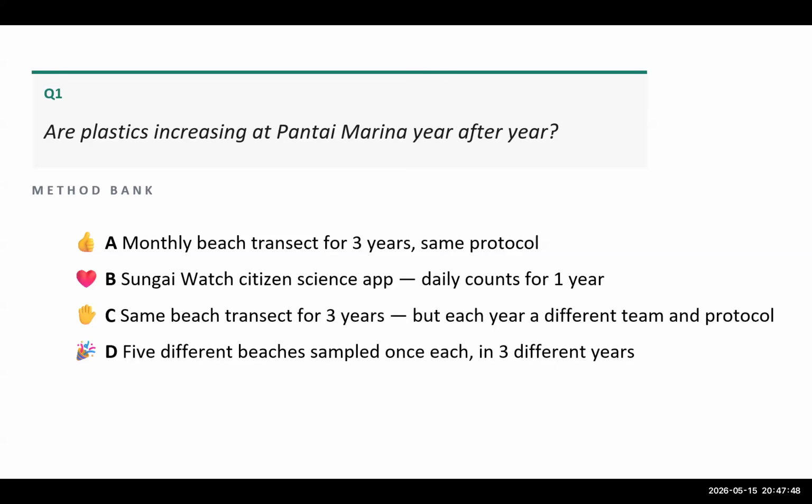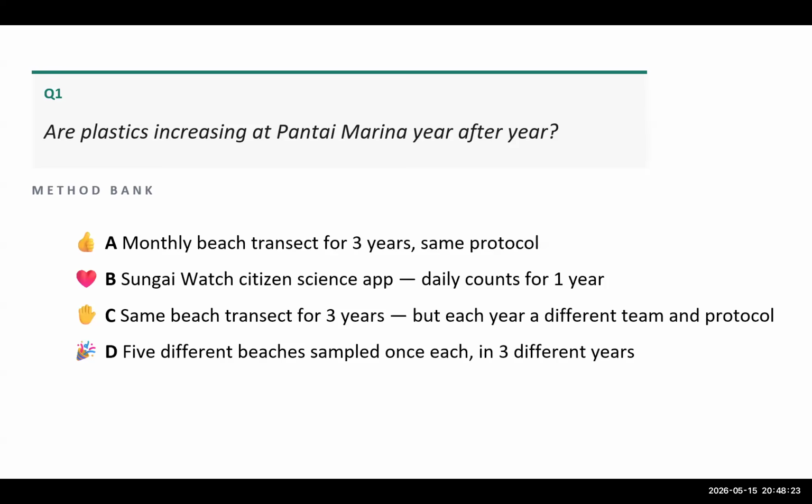Another method was a citizen science application doing daily counts of pollution for 1 year. Option C will be the same beach, with a transect survey during 3 years, but each year a different team and a different protocol. And option D is to do 5 different beaches, sampling once each in 3 different years. So different sites and different timing.